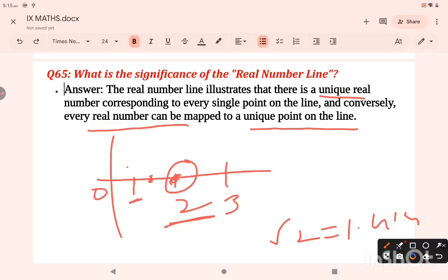Okay, that means we represent every real number by a unique point, and every real number can be represented uniquely. Every real number can be mapped to a unique point on the number line.